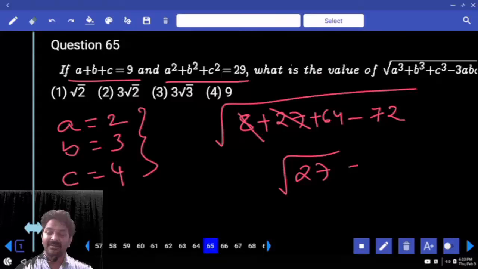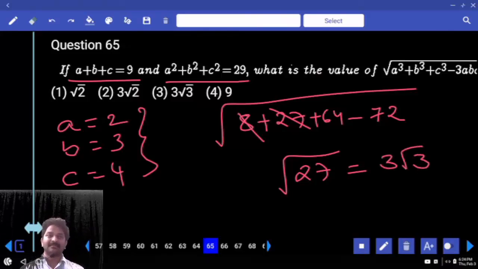Under root of 27. Can we write 27 as 9 into 3? Under root of 9 and root 3. 3 root 3 is the final answer.